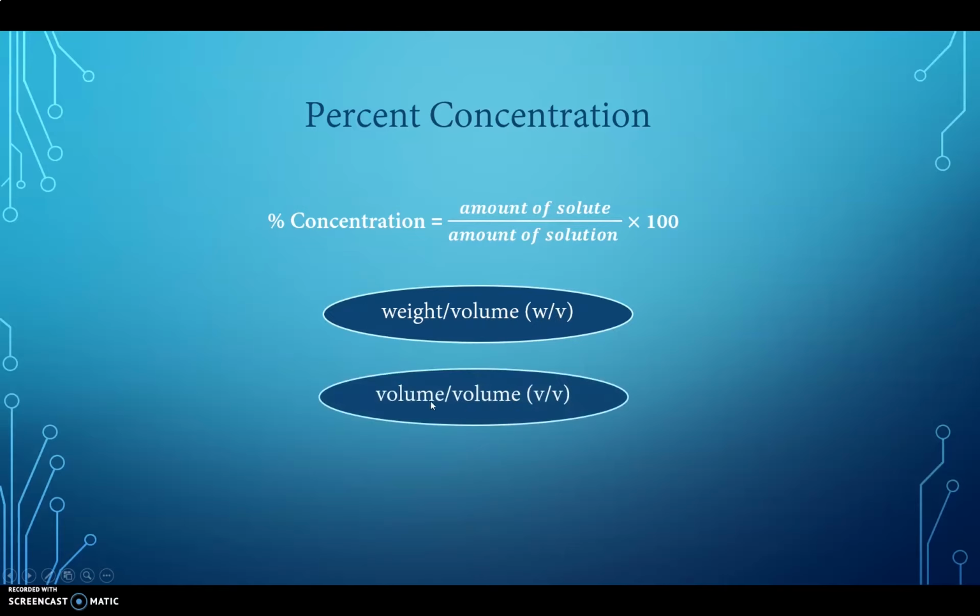There's also a volume percent, and in that case we measure both the solute and the solution in milliliters. And the third possibility is a weight percent, where we measure the mass of the solute and the mass of the solution both in grams.